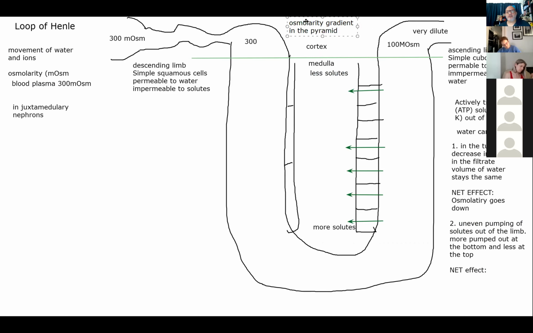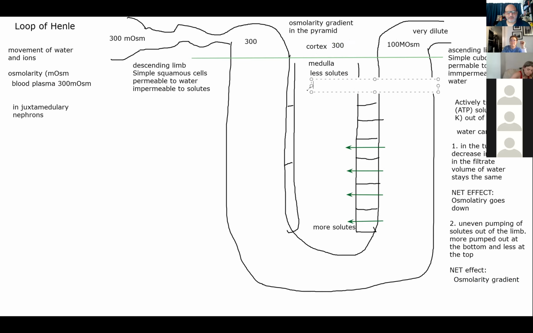Where there's more solutes at the bottom, so the net effect is an osmolarity gradient. Where again, up here in the cortex in the interstitial fluid, it is 300 milliosmoles.